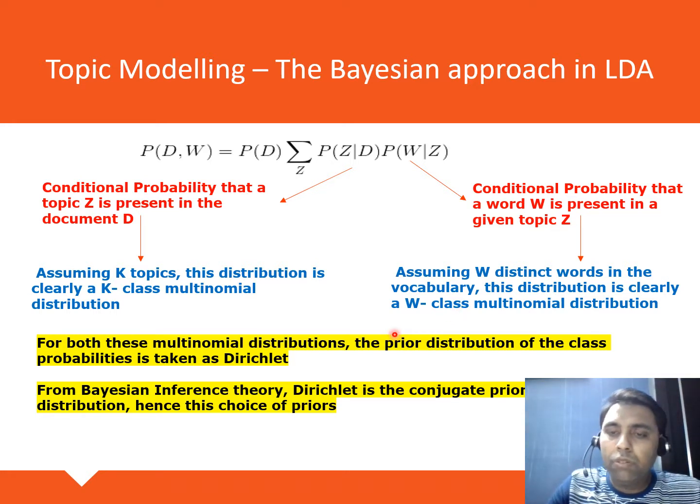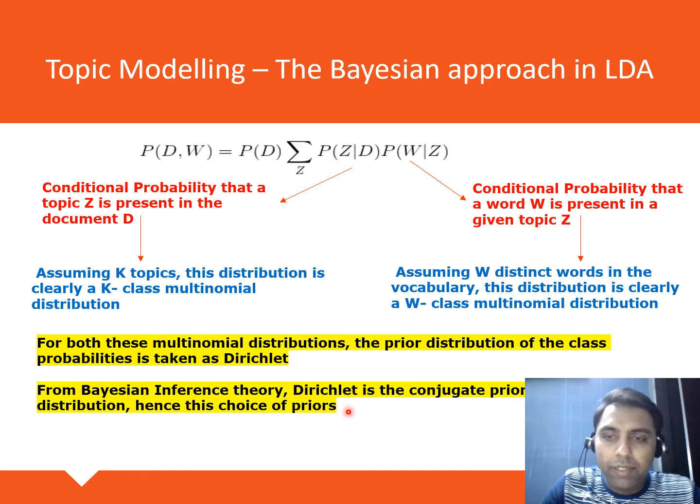Those of you who have some context in Bayesian inference would appreciate why we assume a Dirichlet distribution for the prior of the multinomial class probabilities. But if you do not have that context, there's nothing to worry about.